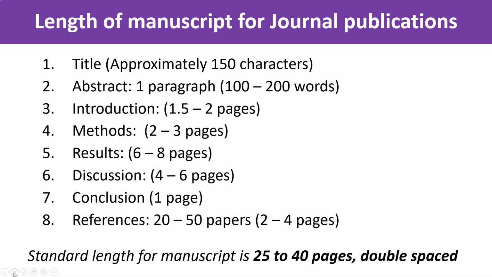If you use double line spacing, between 1.5 to 2 pages should be the maximum you have for introduction. Then the methods would be between 2 and 3 pages because, for some work, you need to discuss the study area. In some cases, you may even need to show the map of the study area and things like that. So 2 to 3 pages should be okay with that.